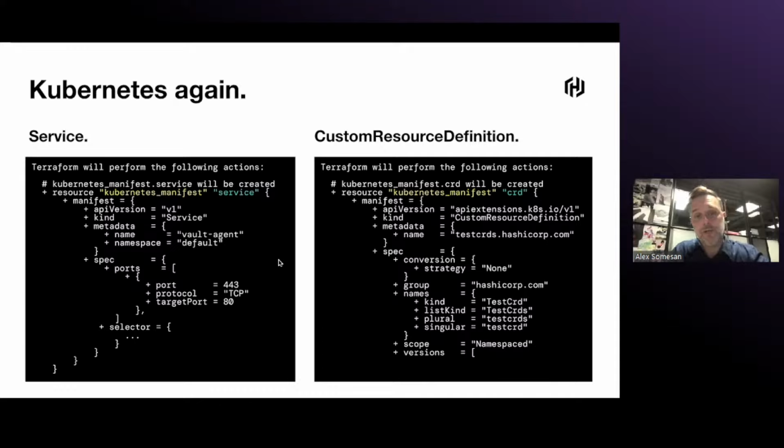So what I'm showing here is output from the plan operation of the new Kubernetes provider that we're working on that implements this mechanism. And what's immediately apparent here is that although we're talking about two distinct resource types, namely a Kubernetes service and a custom resource definition, what we're seeing from the point of view of Terraform is essentially the same resource being manipulated, namely the kubernetes_manifest resource, right?